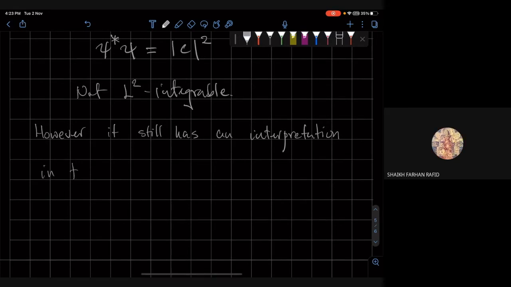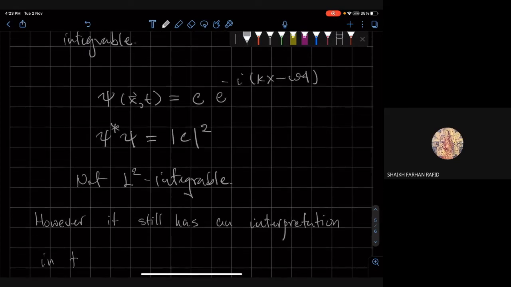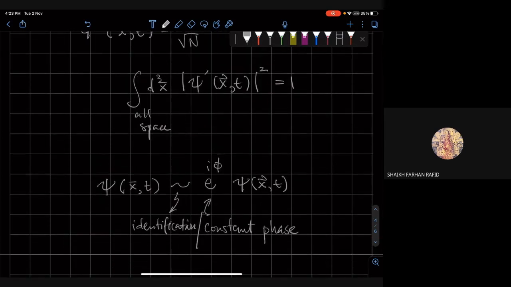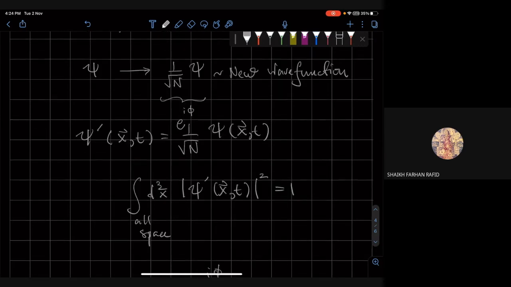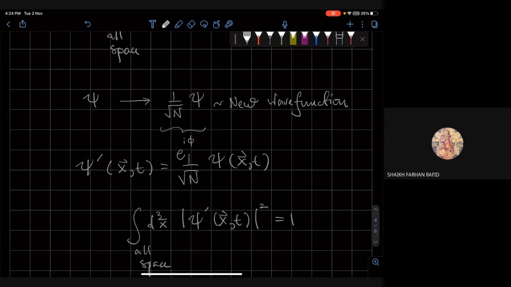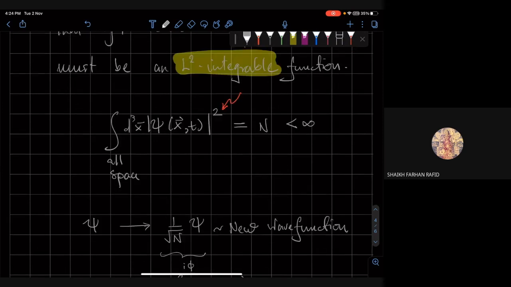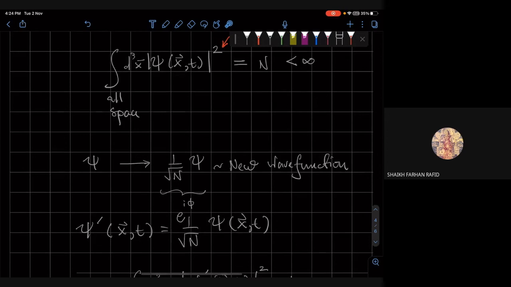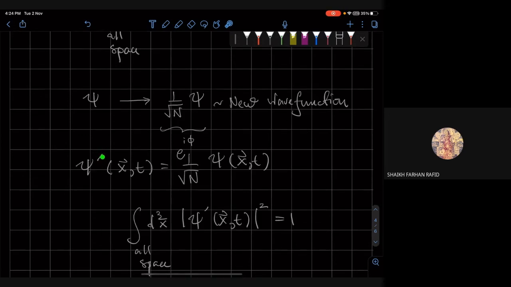Sir, I didn't understand the e to the power i phi part. Oh, basically we're saying that if I start here, suppose that the norm of my wave function is some real number n, then if I replace my wave function by the original wave function divided by square root of n, then this new wave function, which I can call psi prime, is normalized.